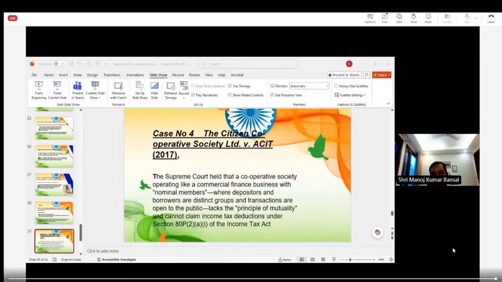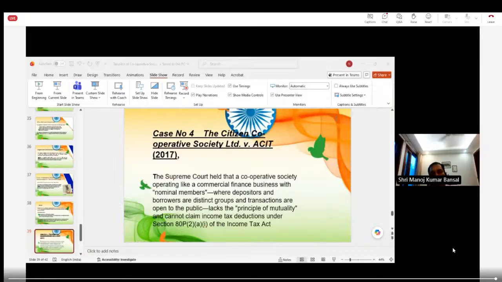Now, once you go in for GST registration, you need to file returns. Returns are to be filed monthly and quarterly. There are two returns which need to be filed: one is GSTR-1 and another is 3B. The due date for filing GSTR-1 is 11th in case it is monthly and 13th in case it is quarterly.